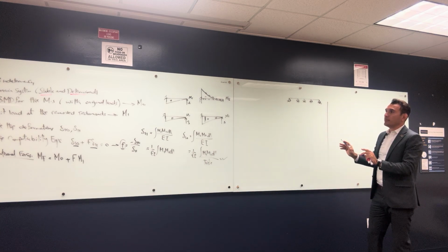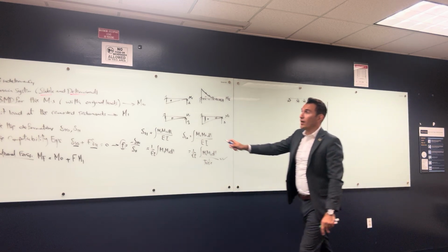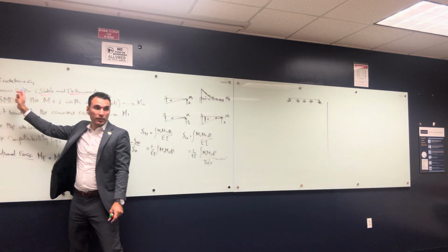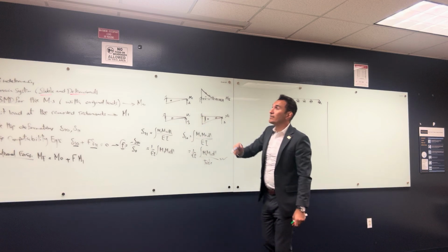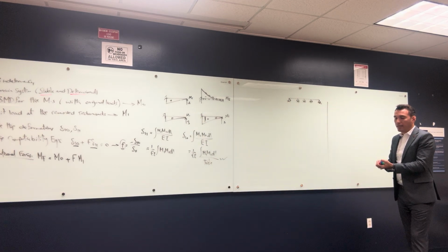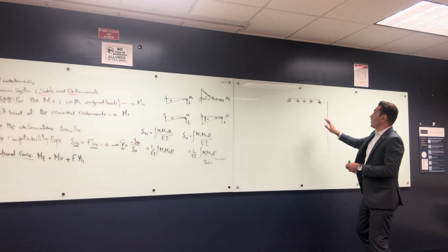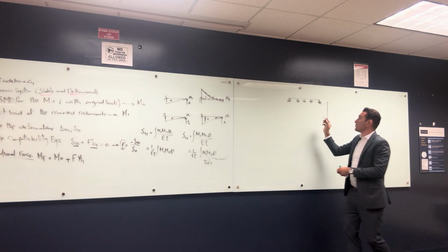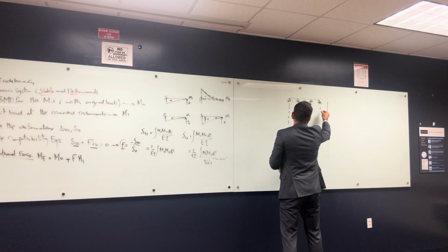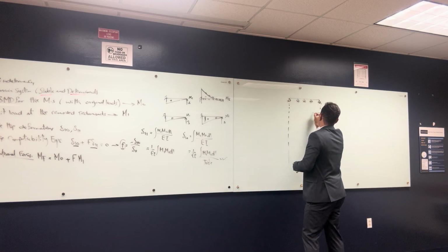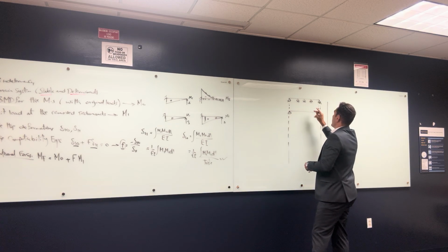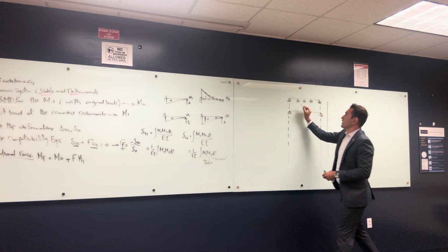Let's do it step by step. The first step I did right now was to calculate the degrees of indeterminacy, which is 3. The second step is to choose a main system. What is the easiest main system that I can deal with now? A simple beam, and I remove these 3. So I put a hinge here, a roller here, and I remove these 3 because I don't need them.